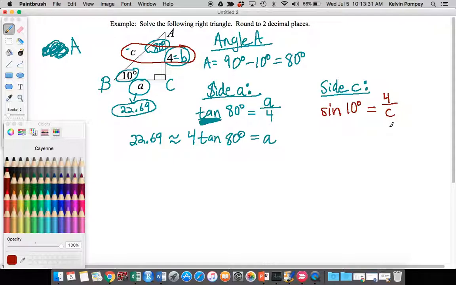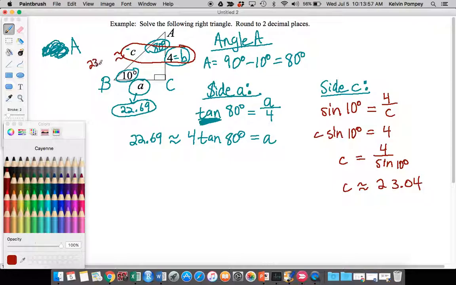If I solve by multiplying both sides by C, kind of like cross multiplying, and then divide both sides by sine of 10 degrees, I'll see that C, rounded to 2 decimal places, is approximately 23.04 units.